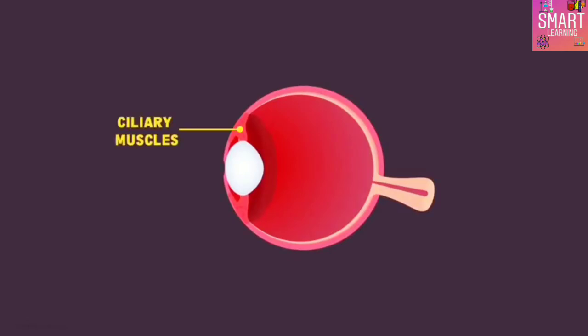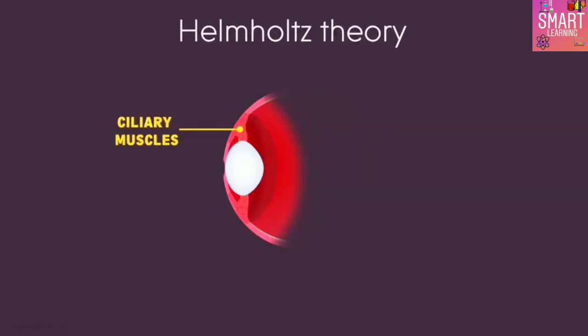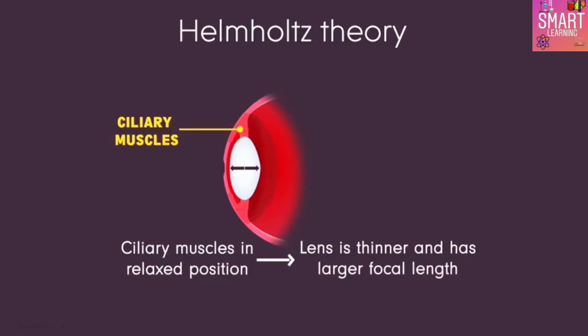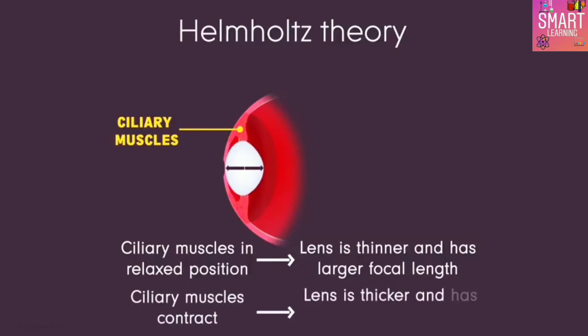One of the most widely accepted theories says that when the ciliary muscles are in a relaxed position, the lens is thinner and hence it has a larger focal length. And when these muscles contract, the thickness increases and hence the focal length decreases.